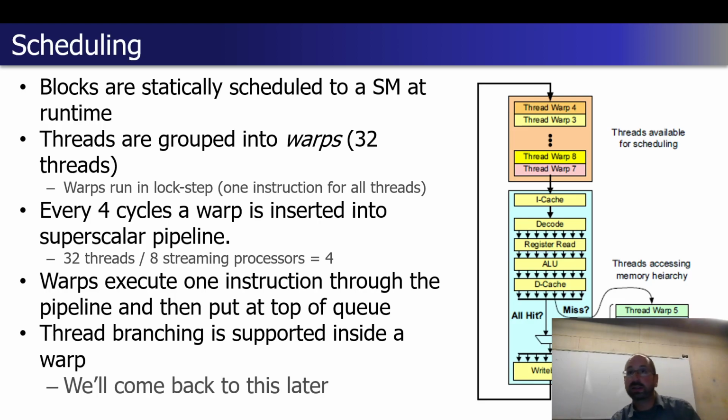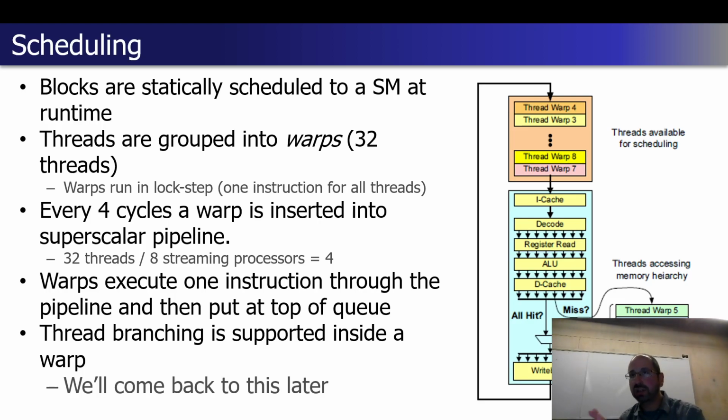Where I'd love to go with this, and I don't think time is going to let us get to this eventually, even as we use up Thursday, is what happens when you have an if instruction or a branch instruction in your CUDA code. We have examples of that already. The whole point of having a branch is for things to make decisions, right? And consequently, what happens if half the threads in a warp want to go left and half the threads in a warp want to go right?